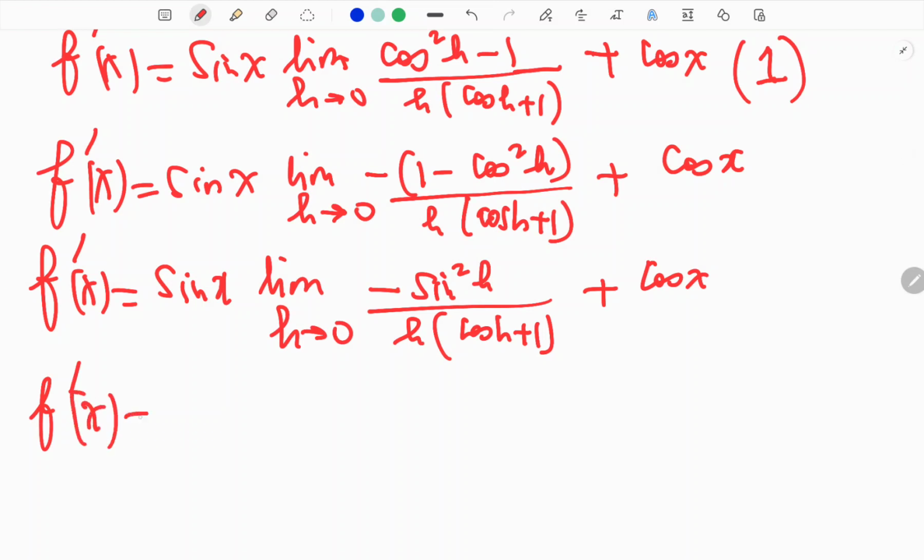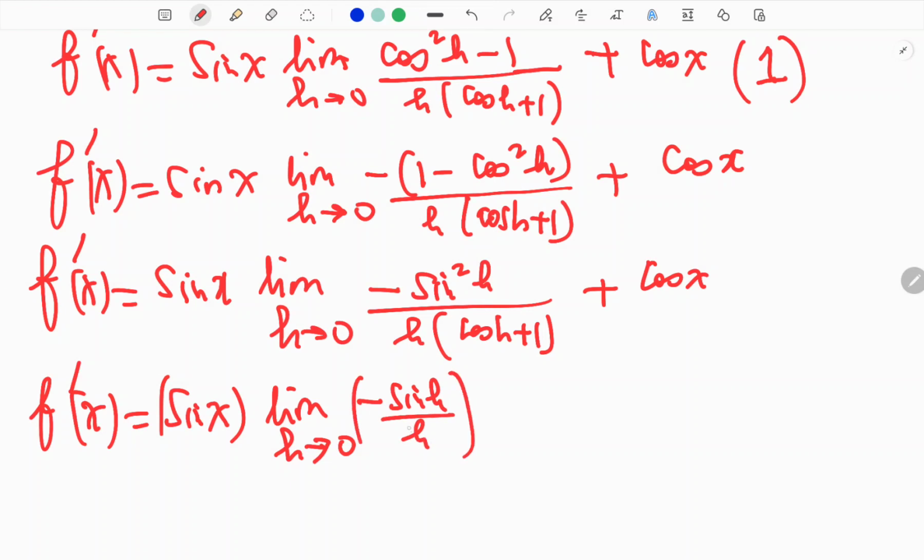F primed of x. We have the sine of x. What is minus the sine squared? So this is the limit. So this becomes minus the sine of h over h. And now, what do we get out of this here?